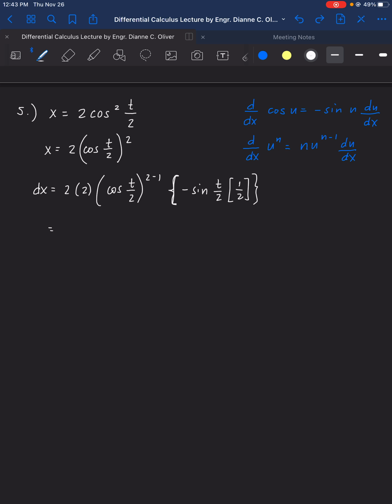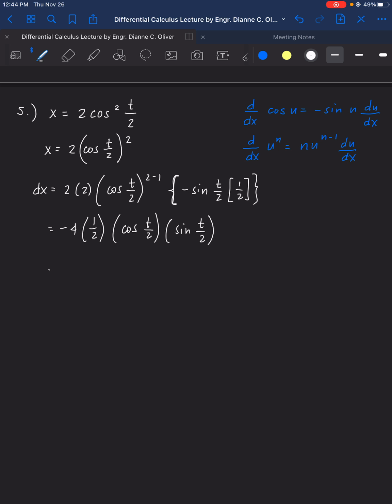So this becomes 4. Let's bring out the negative sign. 4. Then the 1/2. Then this is cosine t over 2, because we have 2 minus 1 the exponent. Then this is sine t over 2.